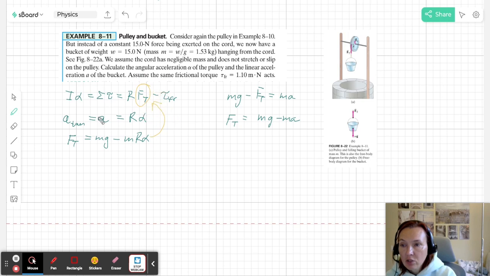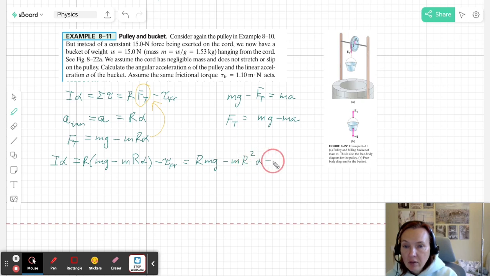So we're taking this equation and plugging in here, and now our equation becomes I times alpha, which is the total torque, has to be equal to r times mg minus mr alpha minus the frictional torque. Let's distribute. We get rmg minus mr squared alpha minus frictional torque.